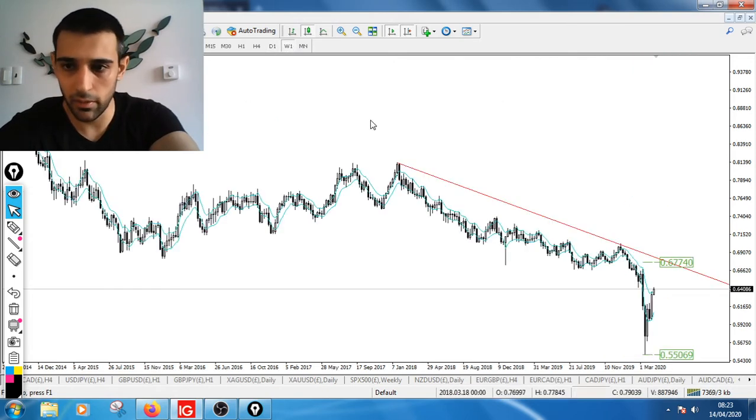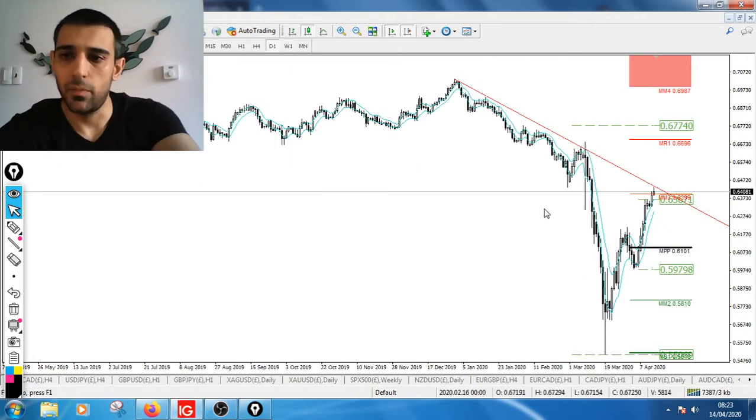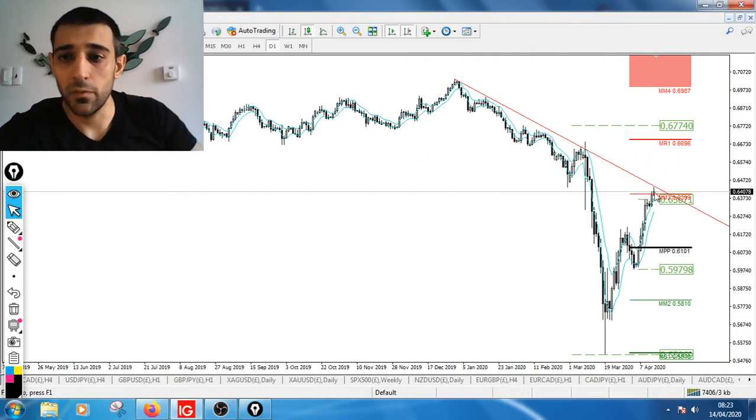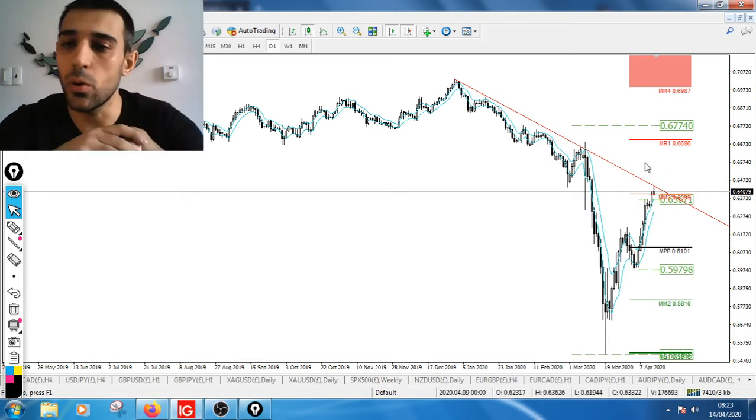Let me quickly have a look. Yeah, also the last week's candle is pretty strong towards bullish side, but I do want to see a break of this trend line and continuation towards upside. If it breaks it, then I will be looking for the long side.